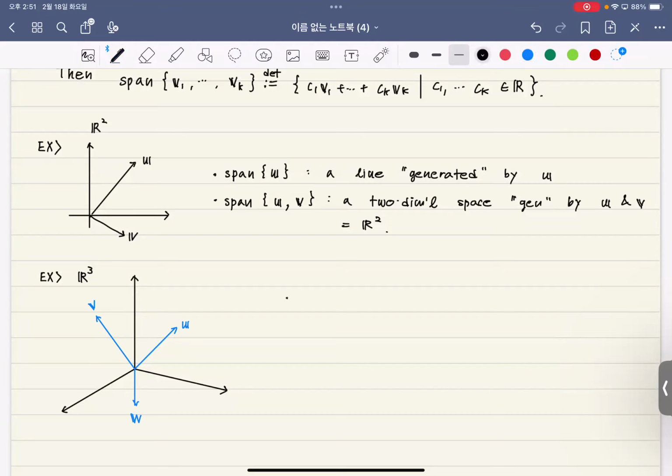In this case, the span of u is again a line generated by a single vector. Visualizing this, it is a line which is parallel to vector u and stretching to this infinity and that infinity and passing through the origin, right? So you know the line, I don't need to draw it. A line generated by vector u.